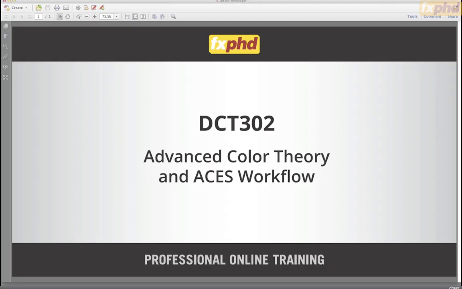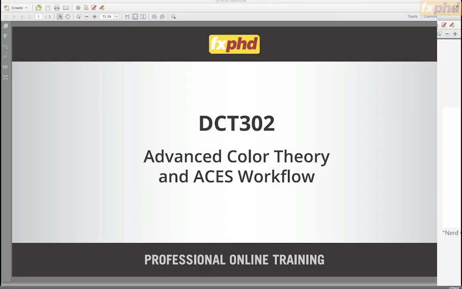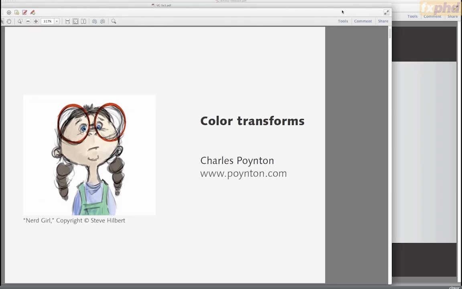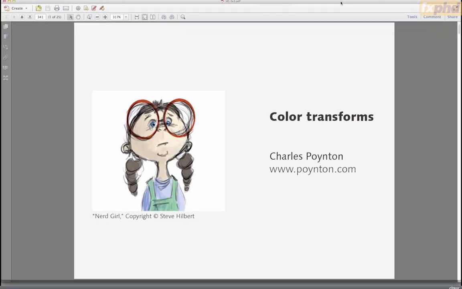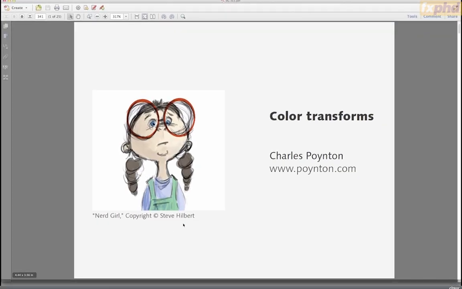Okay, so now with that stuff covered, we're going to talk about color transforms, and I'm using Steve Hilbert's Nerd Girl as our icon or visual reference for this part of the talk, but I'm going to have to start sketching these things myself instead of using other people's art.